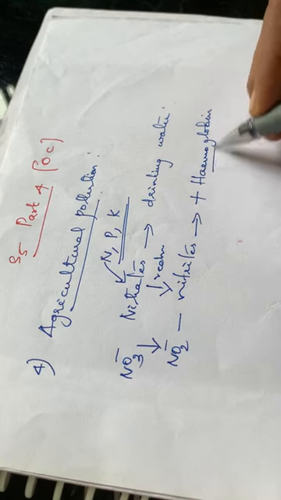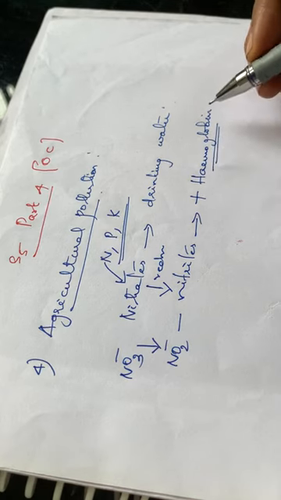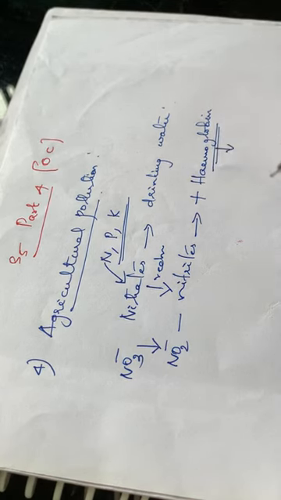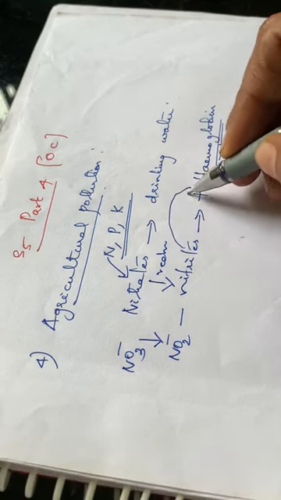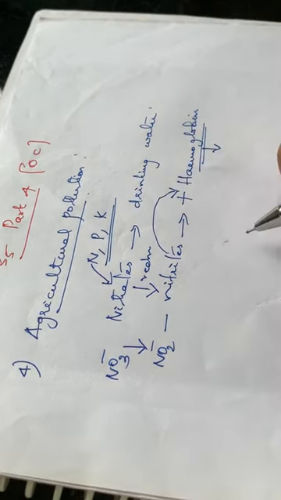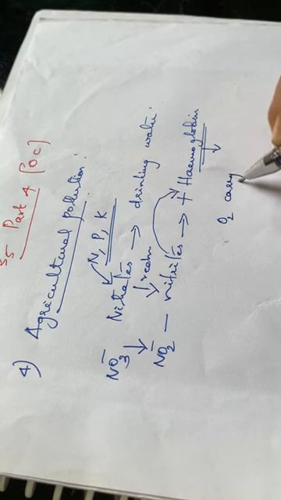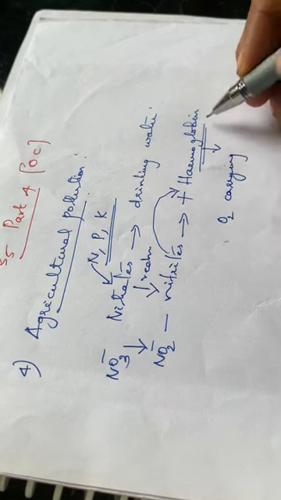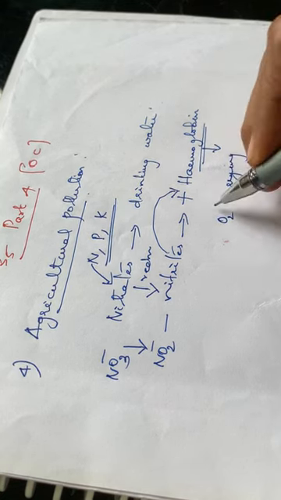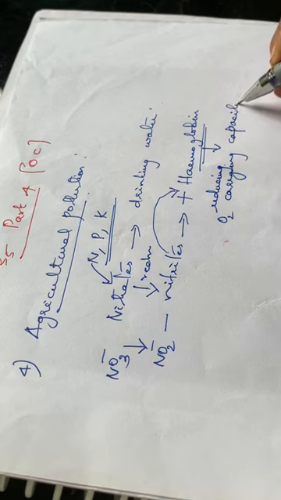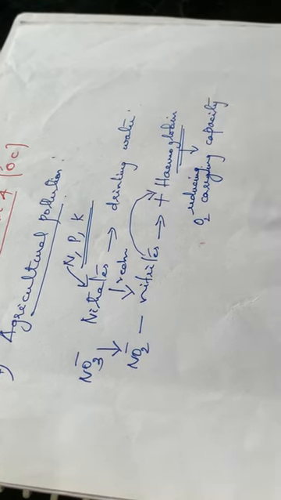Normally hemoglobin is present in blood, and due to the combination of nitrites and hemoglobin, it will be reducing the oxygen carrying capacity of our blood, and thus it will be harmful to human beings also.